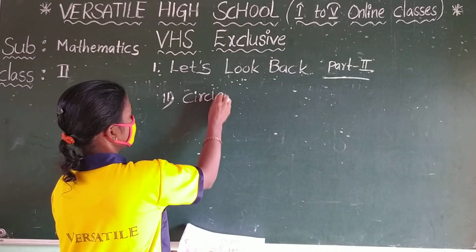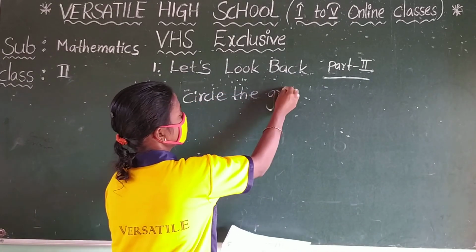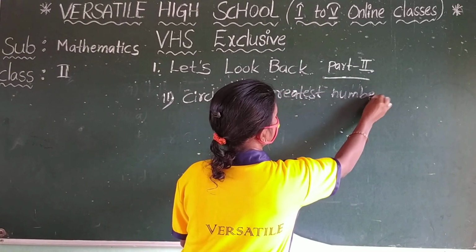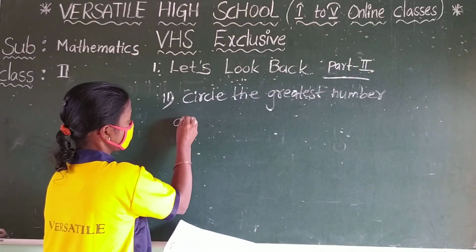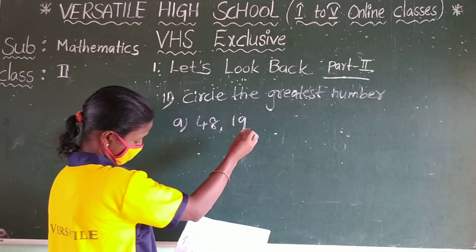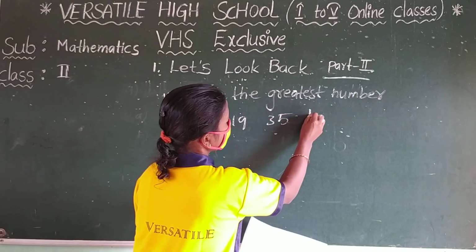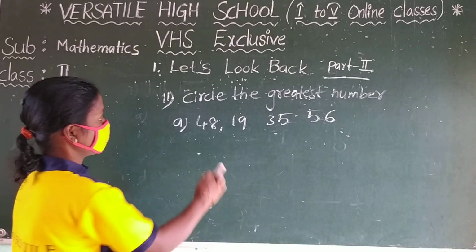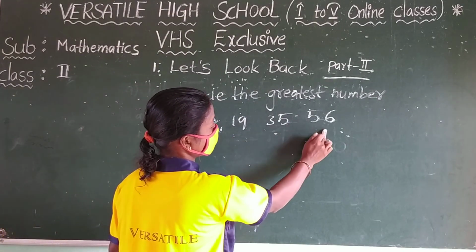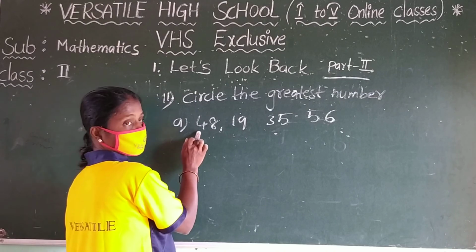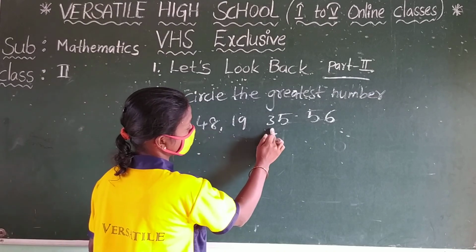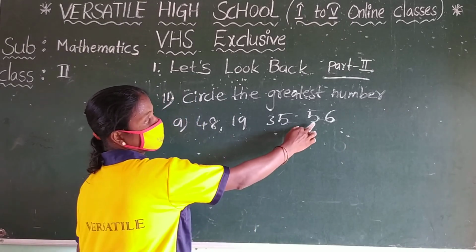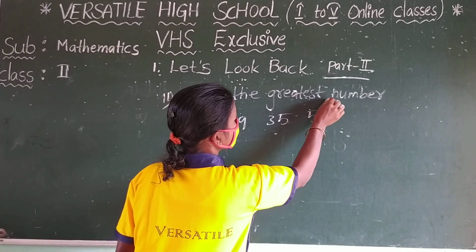Circle the greatest number. So here the first one: 48, 19, 35, 56. Which is the greatest number in all the four numbers? Once observe that 10's place is 4, 10's place is 1, 10's place is 3, 10's place is 5. Which is the greatest number in all that one? 5. So 56 is the greatest number.